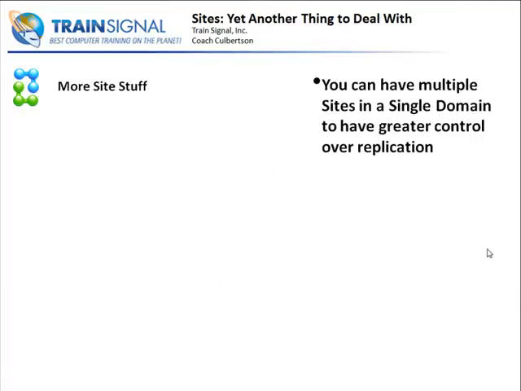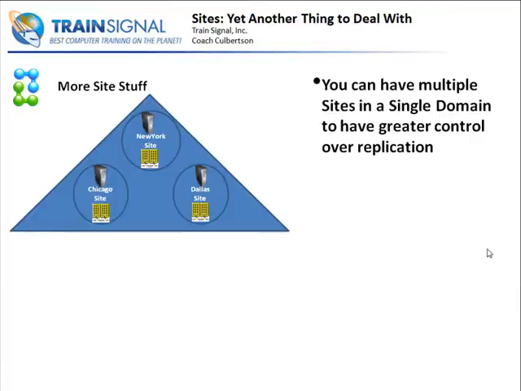All right, so some more site stuff here. Now, you can have multiple sites in a single domain if you have just a crazy amount of domain controllers in one particular location. Now, that's not going to be very common, but just in case you find yourself in that kind of position, just understand that you can have multiple sites.